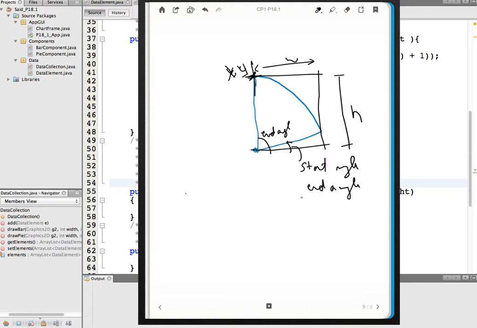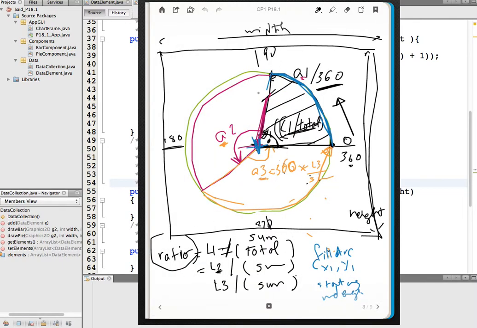Okay. So within my frame here, I need to figure out what the x and y would be for each one of those rectangles, the rectangles that represent each and every one of those arcs.